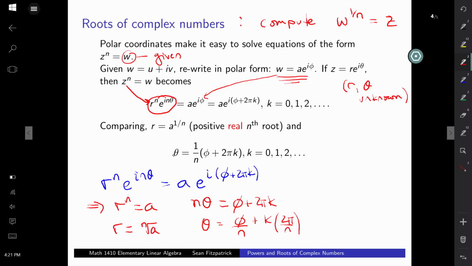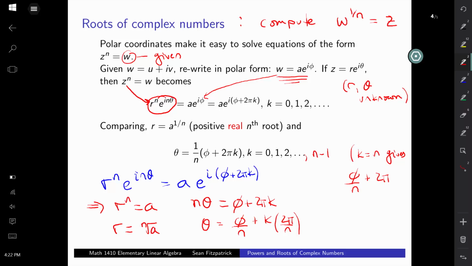Until eventually you hit n minus 1. That's going to be the last one where you get something different, because once you hit k equal to n, that's going to give you phi over n plus n times 2 pi over n, which gives you phi over n plus 2 pi.